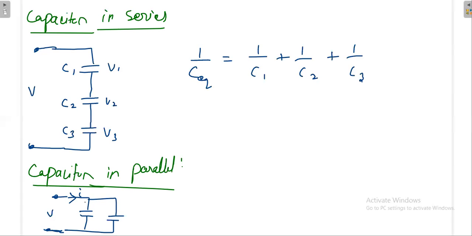If this is I, this is I1 and this is I2, and this is C1 and this is C2, then C equivalent is simply the addition C1 plus C2. So this is the nature for capacitor as well as the inductor.